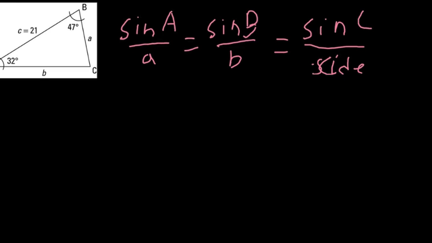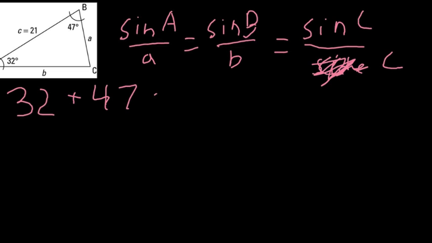The first thing we need to do is solve for angle C using angle A and angle B and what we know about triangles. Angle A is 32 degrees and angle B is 47 degrees. 32 plus 47 is 79.